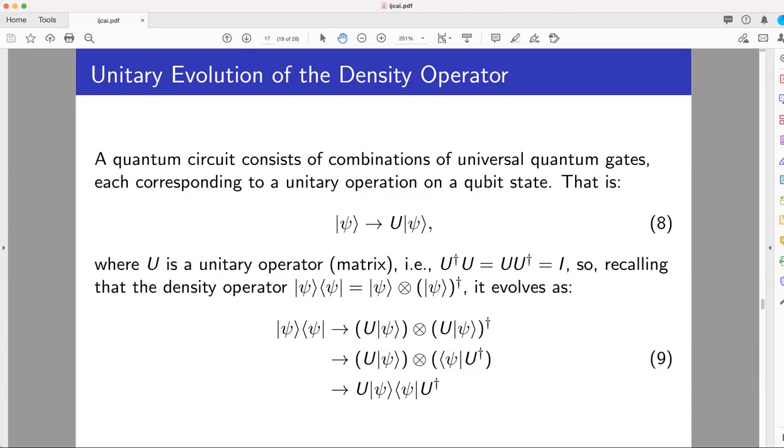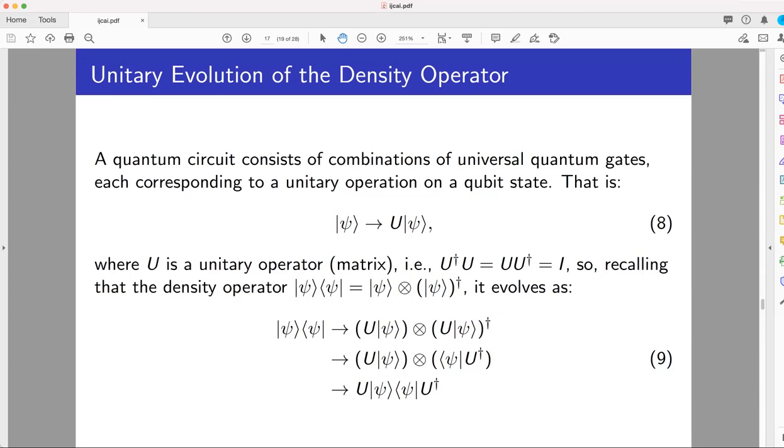After we apply this quantum operator, it changes to U multiplying psi, another quantum state. Such a quantum operator is always a unitary operator. Unitary operator means that the product of the matrix with its conjugate transpose is equal to the identity matrix.